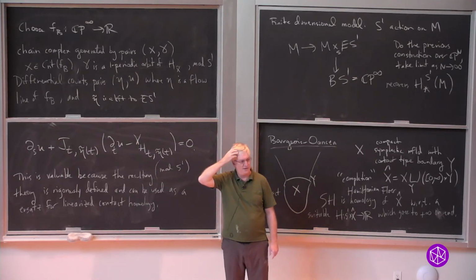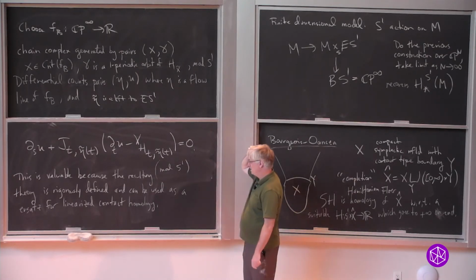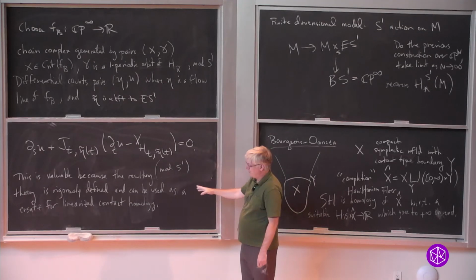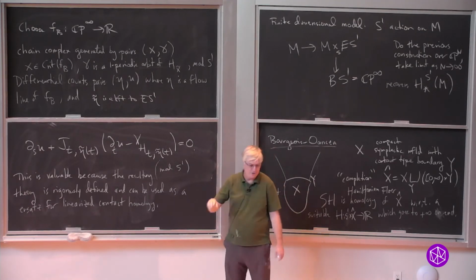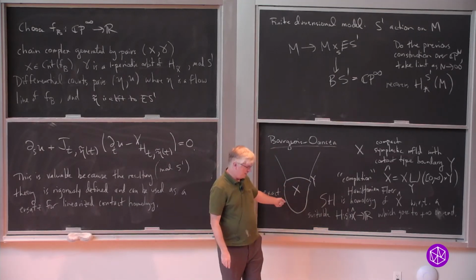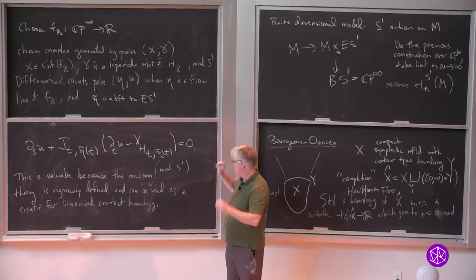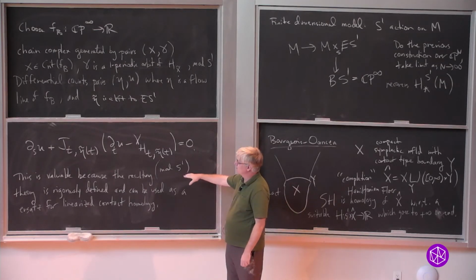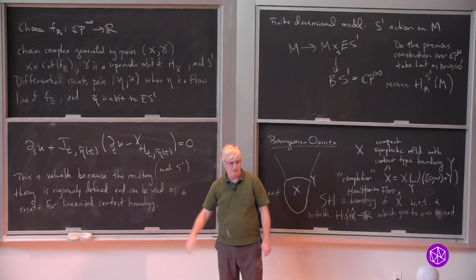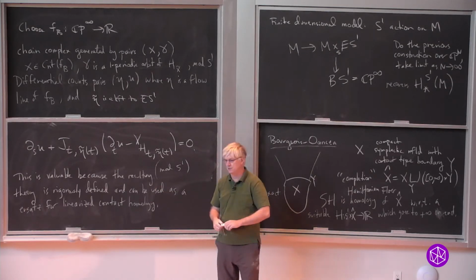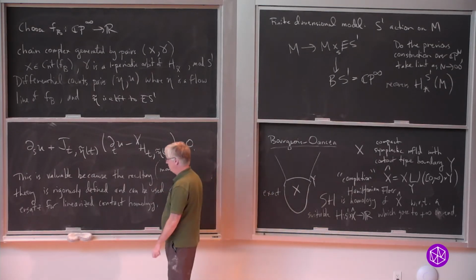I'm not sure the status of that. But this theory has the same properties, and you would expect that if there is a rigorous definition of linearized contact homology, then it will be isomorphic to this. The definition's more complicated, but you can use it to get the applications you would want from linearized contact homology. So that's a nice application of this approach.